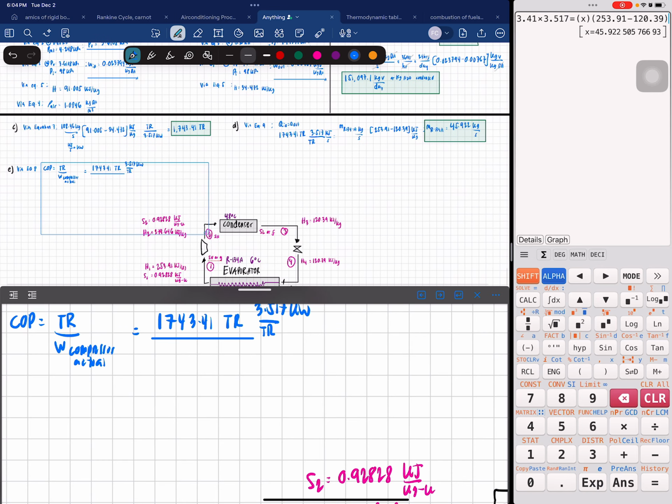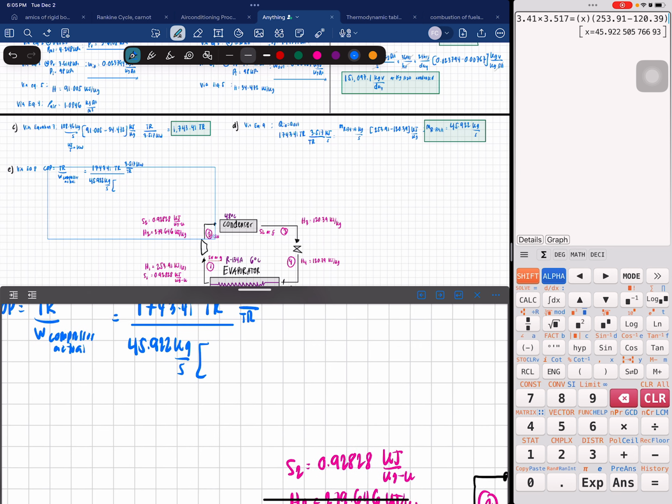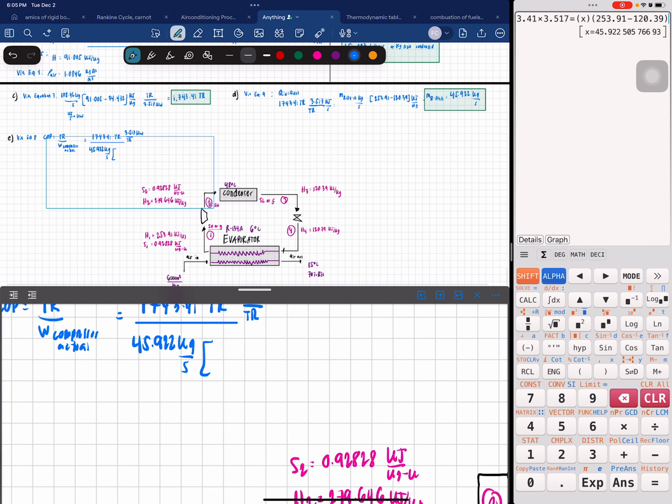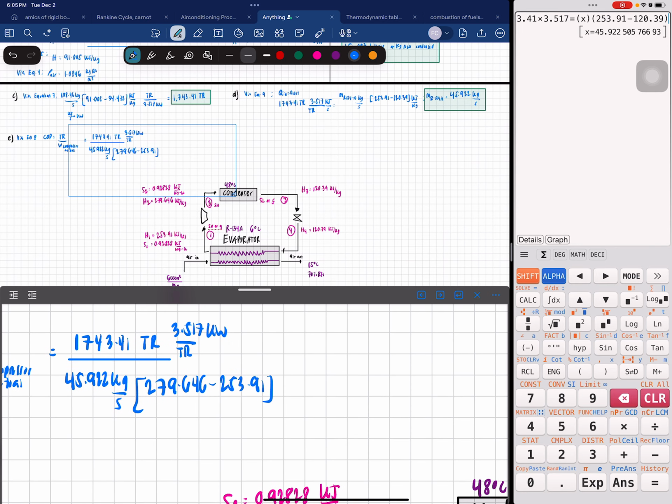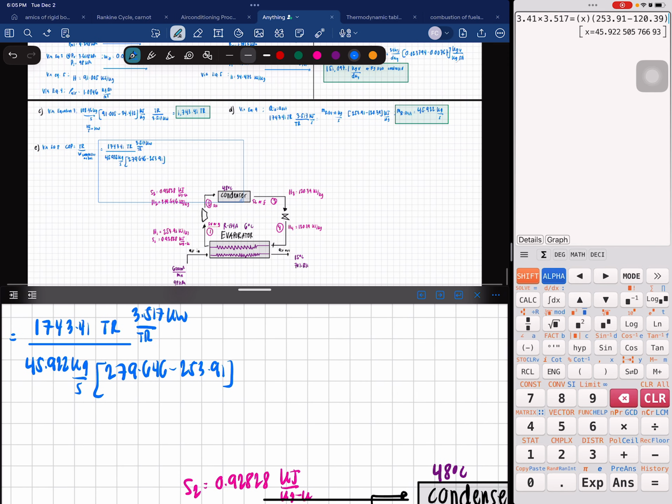It's gonna be 45.922 times 279.646 minus 253.91 kilojoules per kilogram.